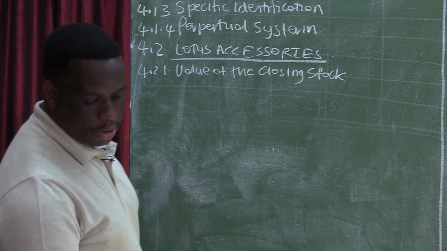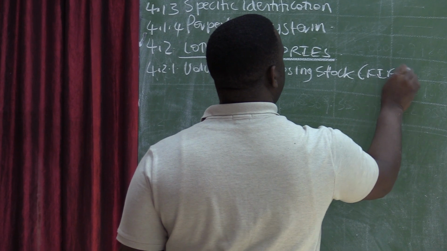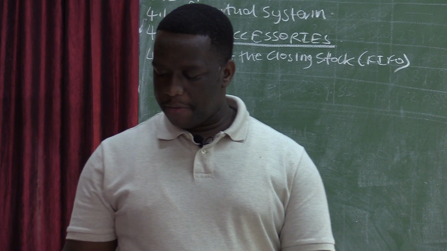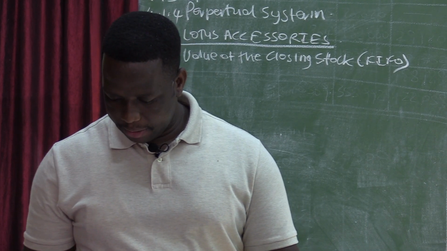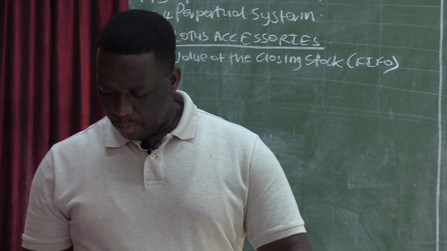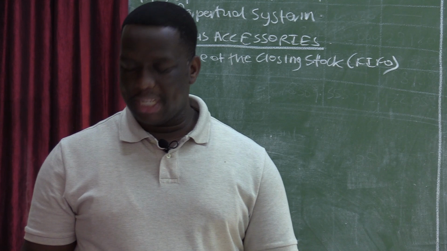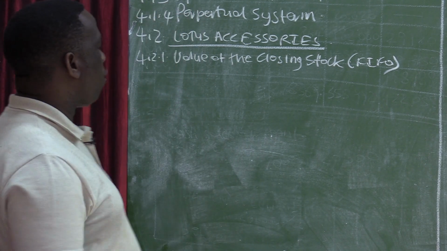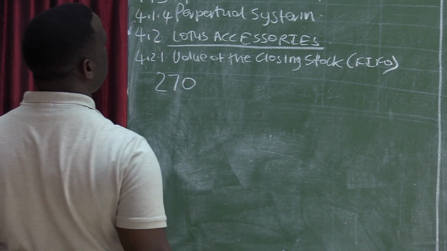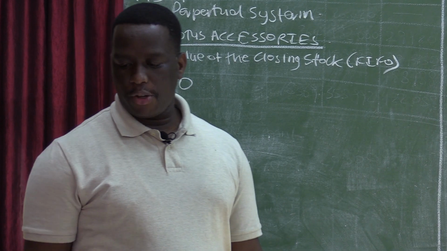We want to calculate the value of the closing stock for gas lamps. If you look at page 13, information A, you have the stock balance on 30 April 2021, which is 270. So we have 270 gas lamps in the closing stock.